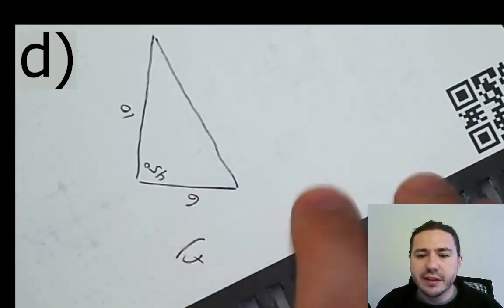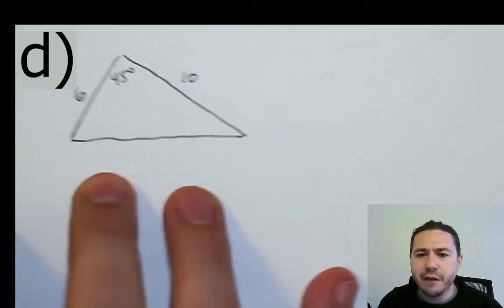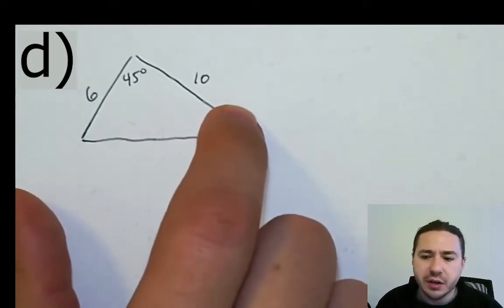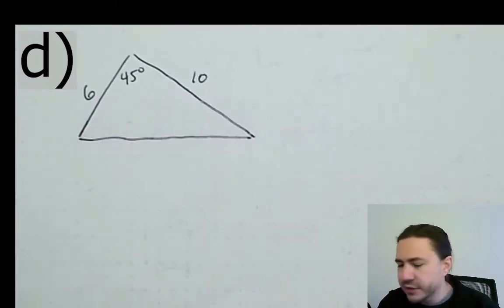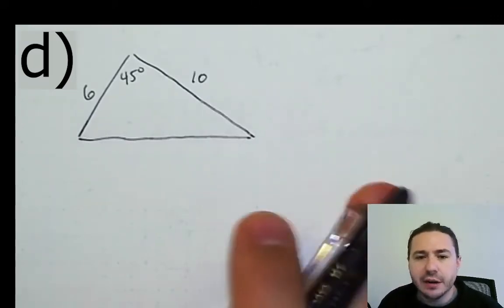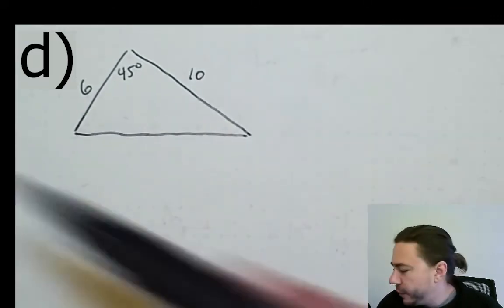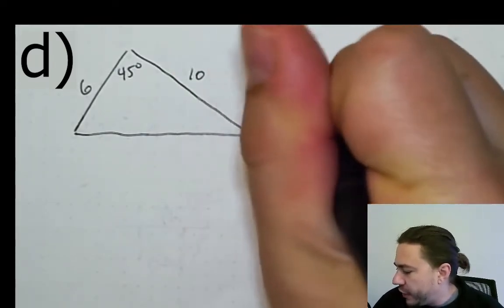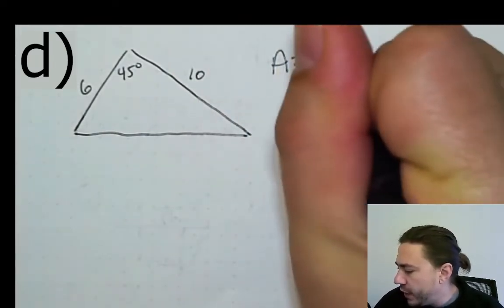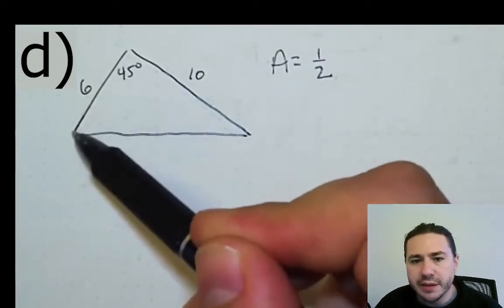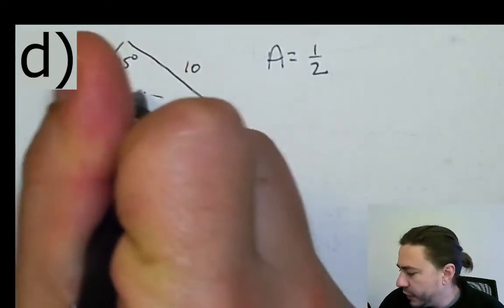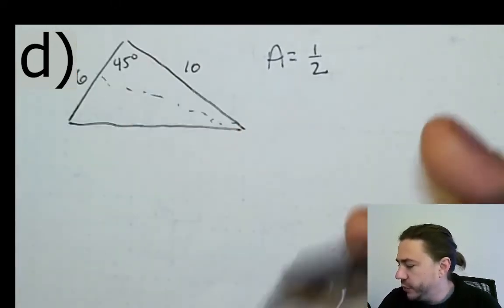So I'll just go with this 6 as my base. It doesn't matter if you choose 10, you're going to get the same answer. I think we saw that. What was that on B or C? I don't know. Let's take a look at F though and calculate this out. We've got the area equals 1/2 base times the height. So we got 1/2 times, I'm going to use the base is 6, so my height would be right here, and I'll use 10 times sine 45 as the height.